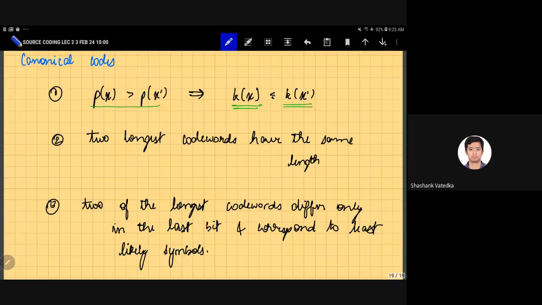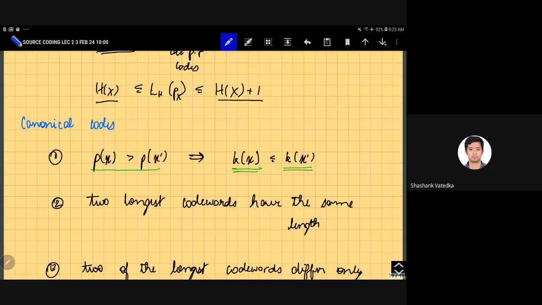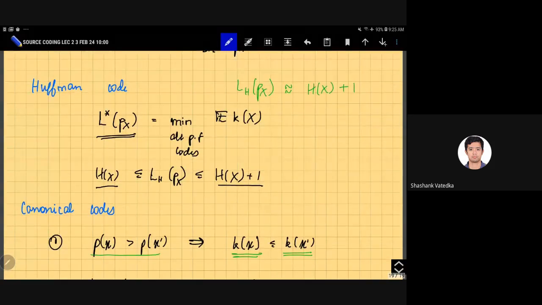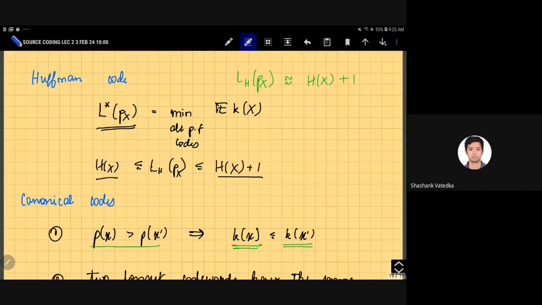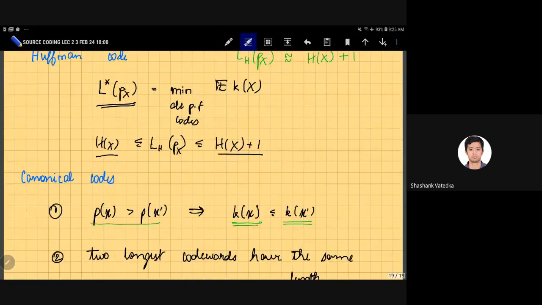Anu asked the following question: what is the difference between canonical and optimal? A canonical code is something which satisfies these three properties, whereas an optimal code is one which minimizes the expected length. So you can have a canonical code which is not optimal, and you can also have an optimal code which is not canonical.